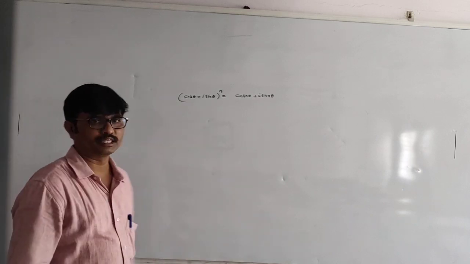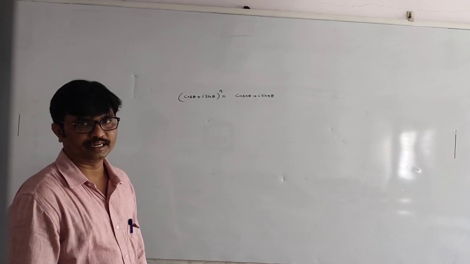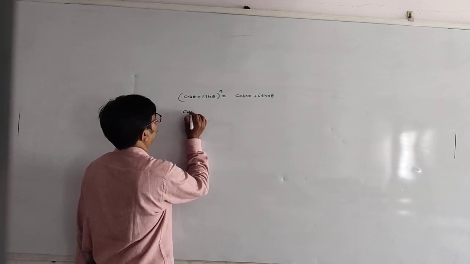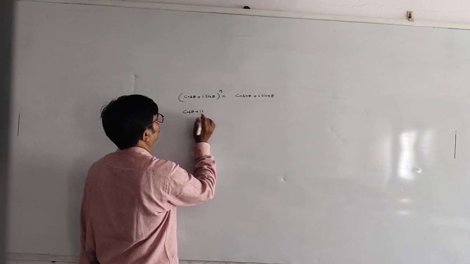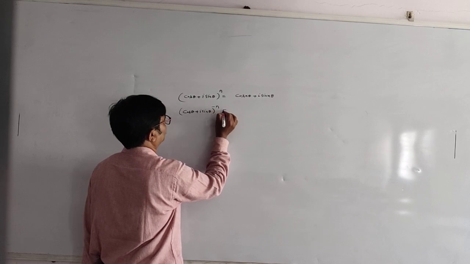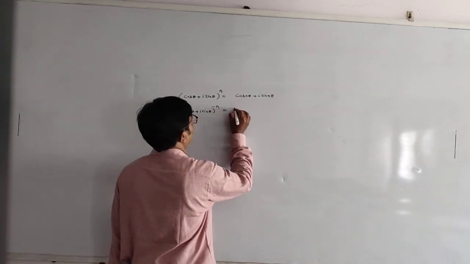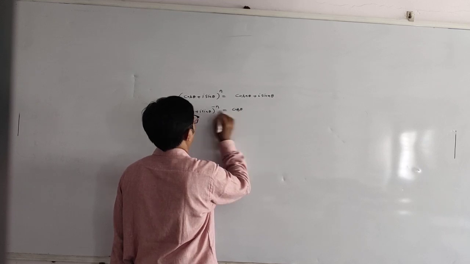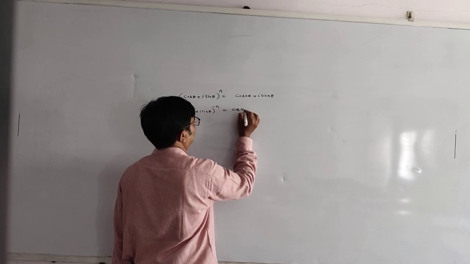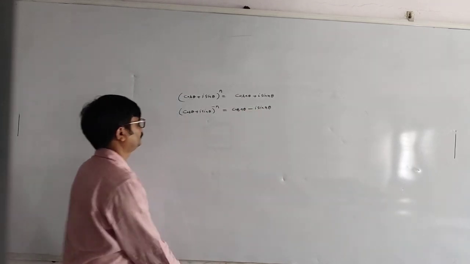Cos theta plus i sin theta whole power n is cos n theta plus i sin n theta. So dear students, cos theta plus i sin theta whole power minus n, this is cos of minus n theta, cos n theta minus i sin n theta.